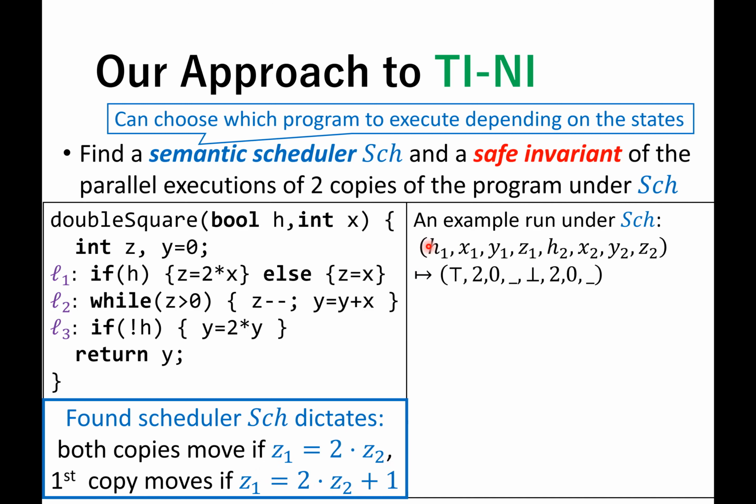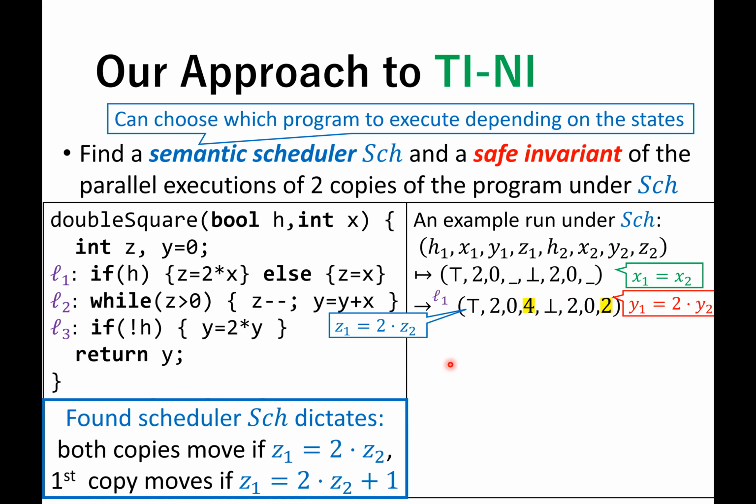Let me show you an example run under this scheduler, starting from the same pair of states, which satisfy the precondition. We schedule both copies to execute the statement labeled L1 and obtain this pair of states.